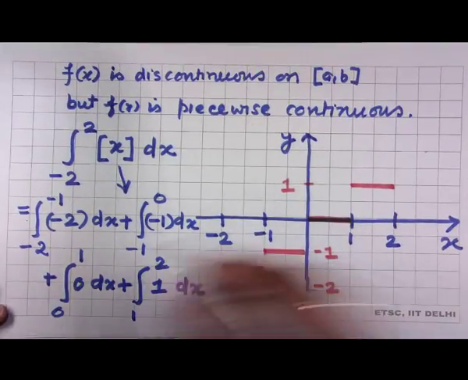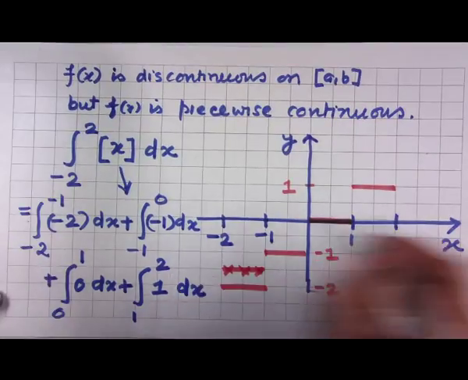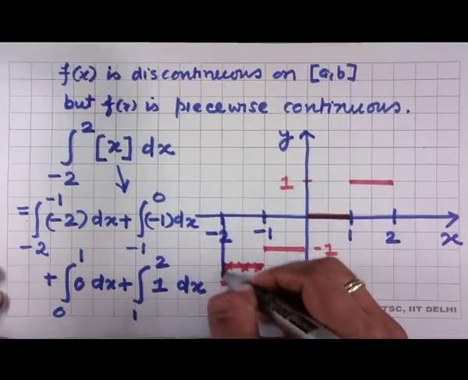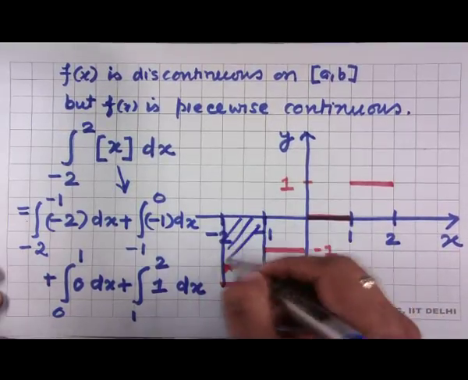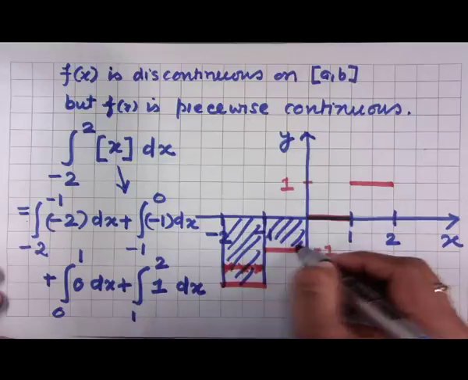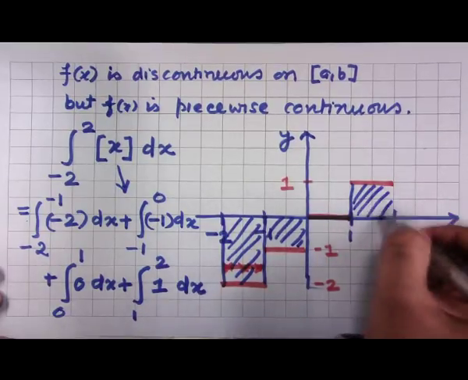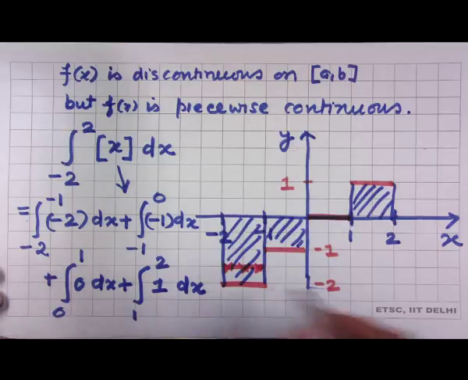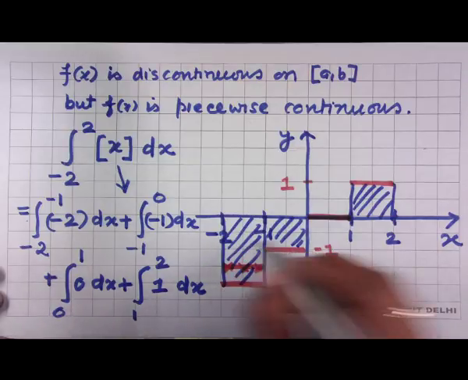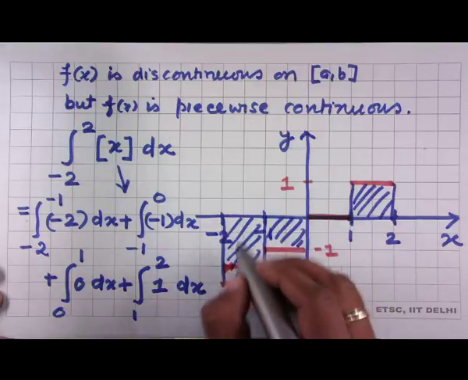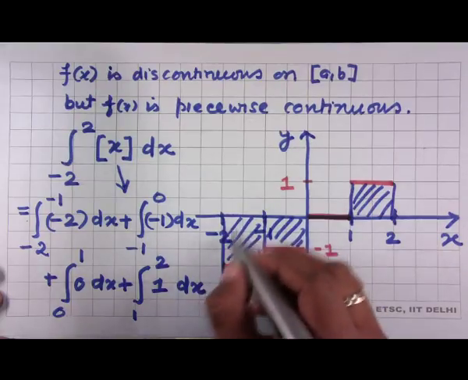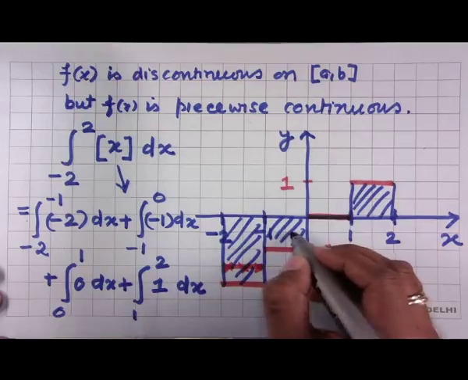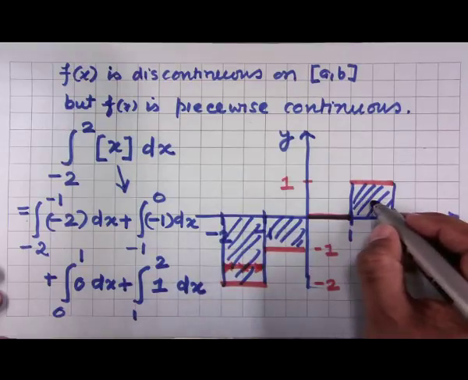Now, if I ask you to find the area under the given curve from minus 2 to 2, the area will be represented by this, this, and this. So the area of this was minus 2, the area of this will be the mod of minus 2, that is 2, and the area of this will be the mod of minus 1, that is 1, and here it is 1.